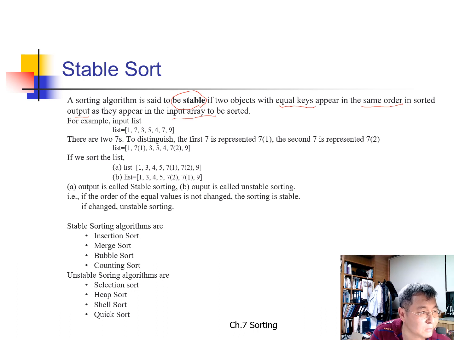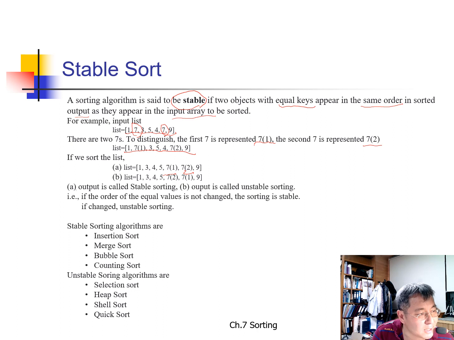So for example, here the input data is 1735479. There are two equal 7s here. The first 7 is represented as 7 1, and the second 7 is represented as 7 2. If we sort this list, the output is 1 3 4, sorted increasingly, and 7 1 is here, 7 2 is here.